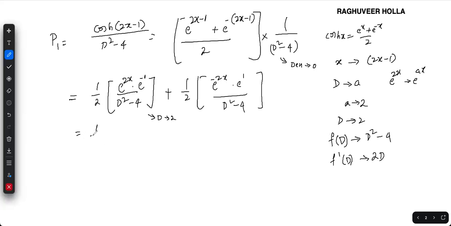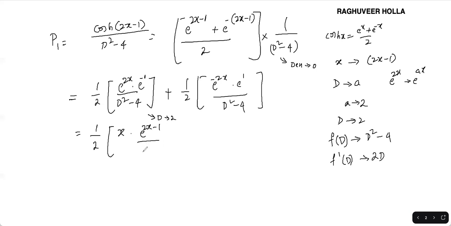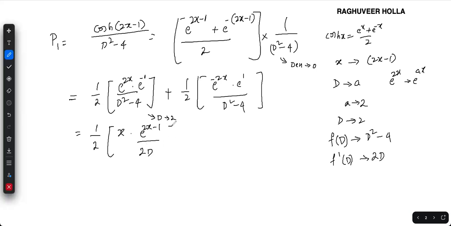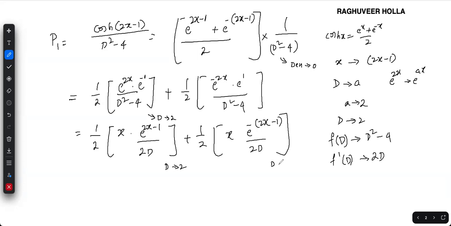So this will be 1 by 2, x into e to the power of 2x minus 1 by 2D, plus 1 by 2, x e to the power of minus of 2x minus 1 by 2D. Again substituting D as 2 and here D as minus 2.